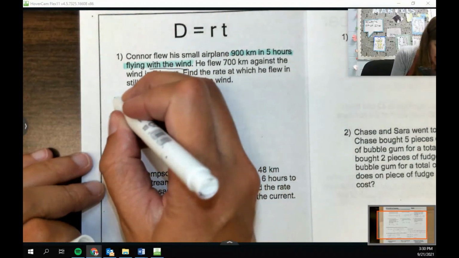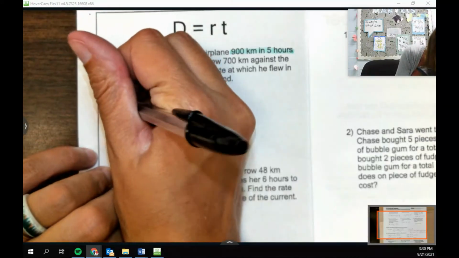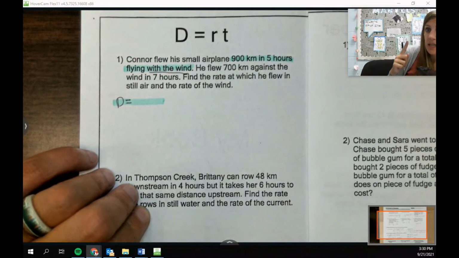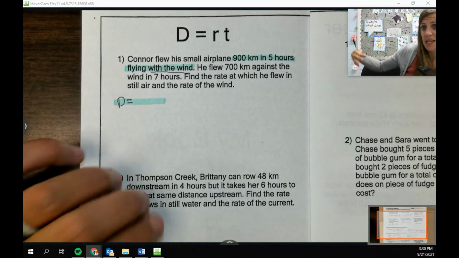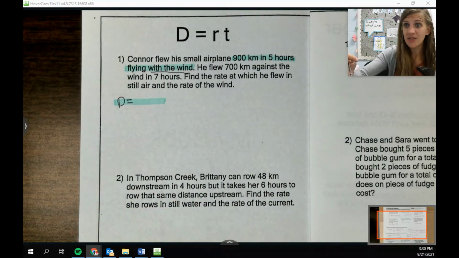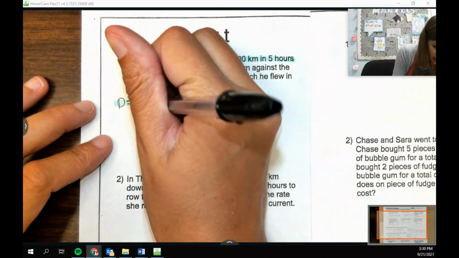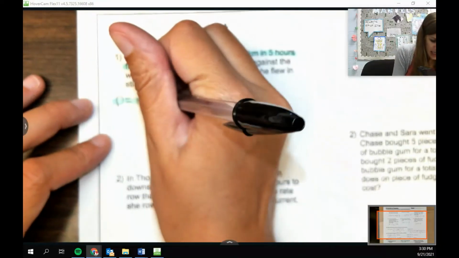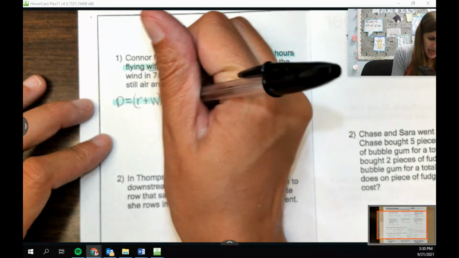And so when I think about my distance equals rate times time equation, my speed will not just be rate, because I'm going with the wind, which is going to push me faster. So the rate that I'm flying plus the rate of the wind is truly my speed. And then I multiply by time still.